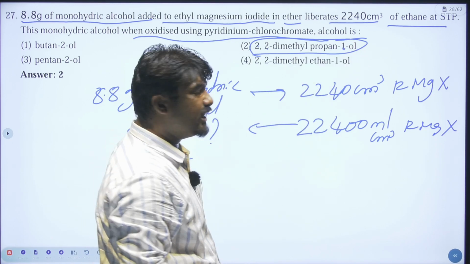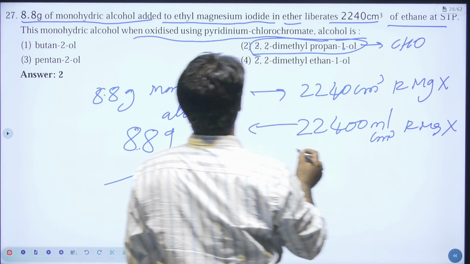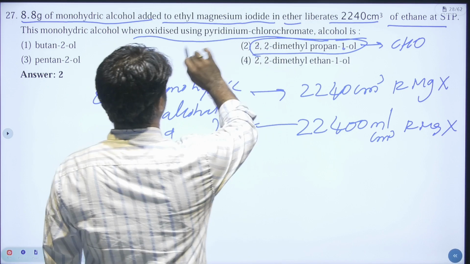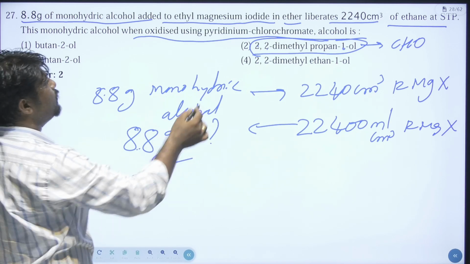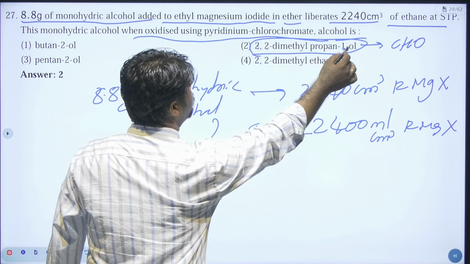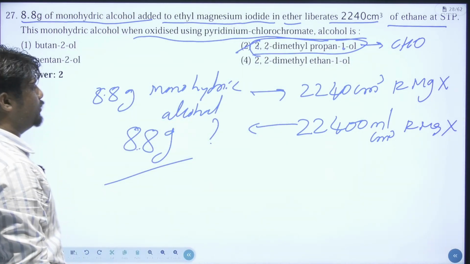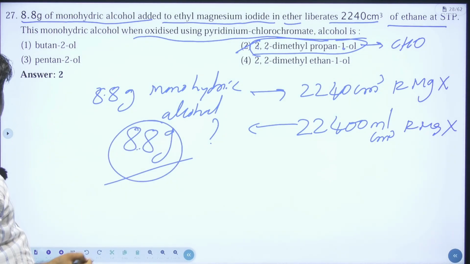On oxidation it will give an aldehyde. Among the given options, 2,2-dimethyl propanol is the right option because its molecular mass is 88. Go to the next question.